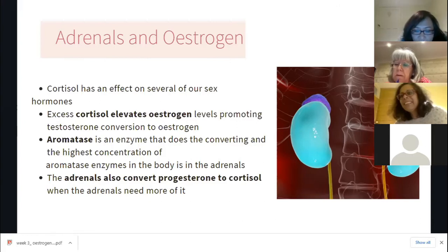It pulls progesterone production to make cortisol instead of allowing progesterone to turn into other sex hormones. This is where you get the problem with the pregnenolone steal, and you get deficiencies in progesterone.